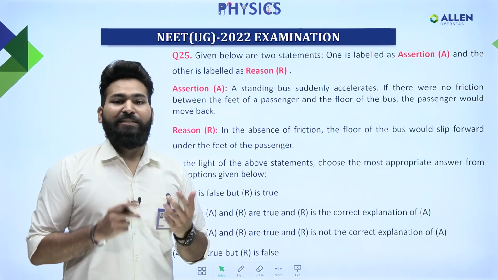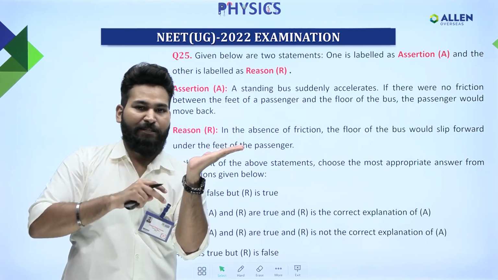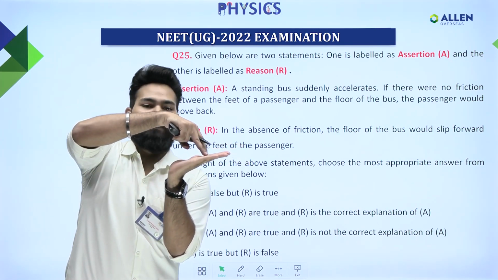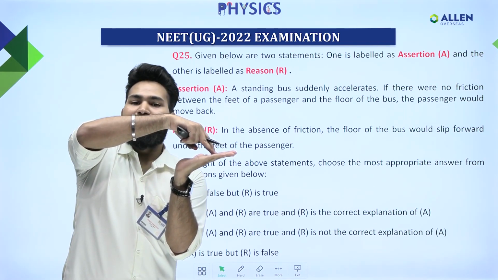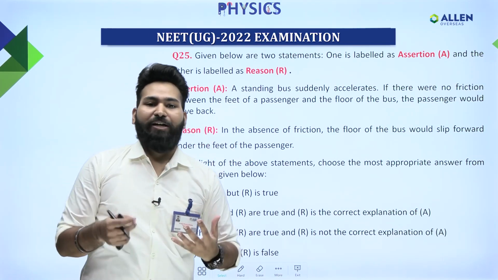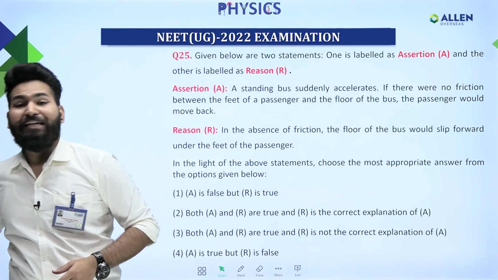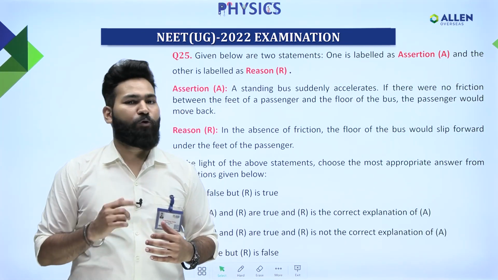So there is a person standing inside a bus. Just suppose this is the floor of the bus and these are the legs of that person standing inside the bus. Now what happens? This bus suddenly accelerates. In general, when we travel in the bus, there is friction between our feet and the floor of the bus.